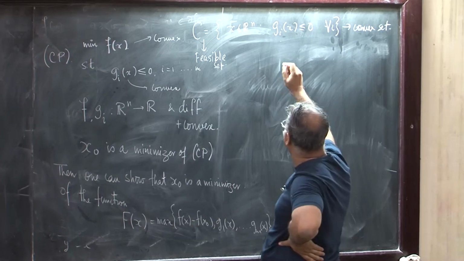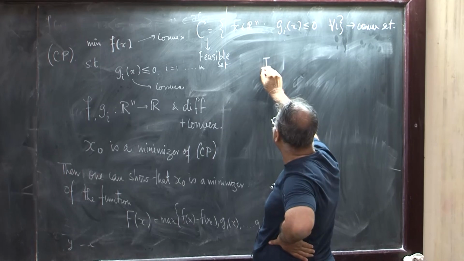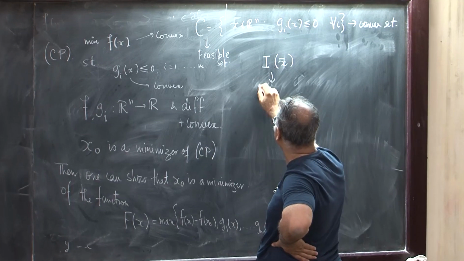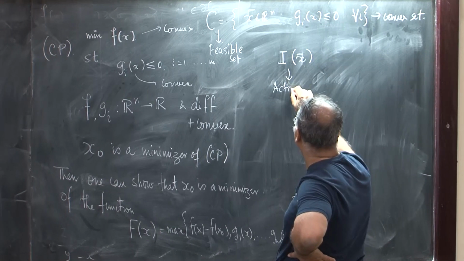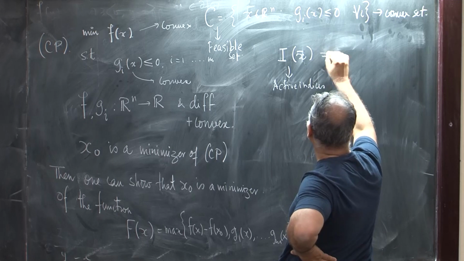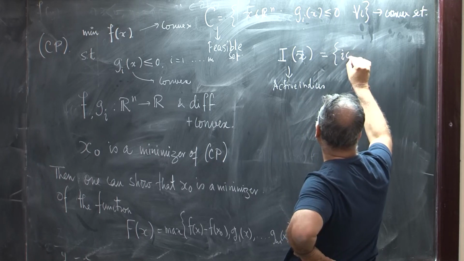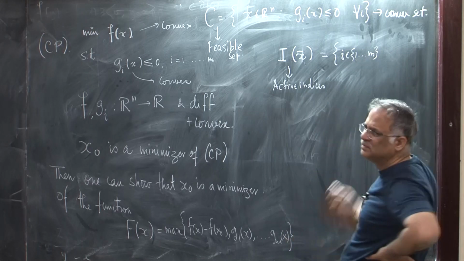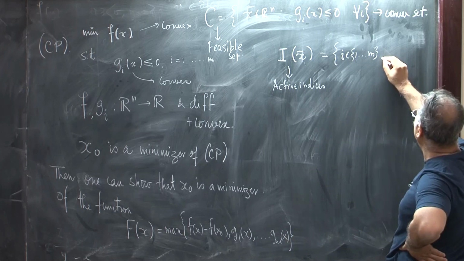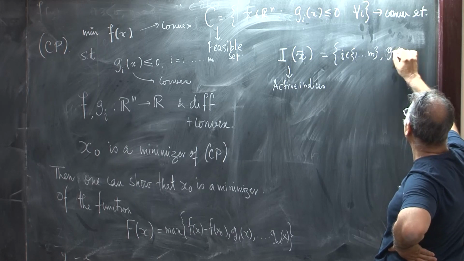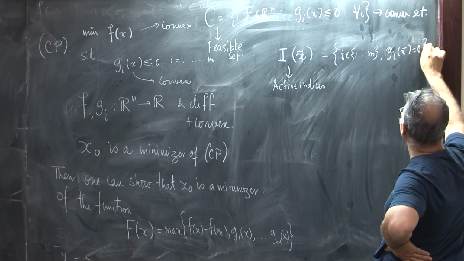Now, consider a set I(x bar), called the set of active indices. It is the set of all i element of 1 to m such that g_i(x bar) is equal to 0.